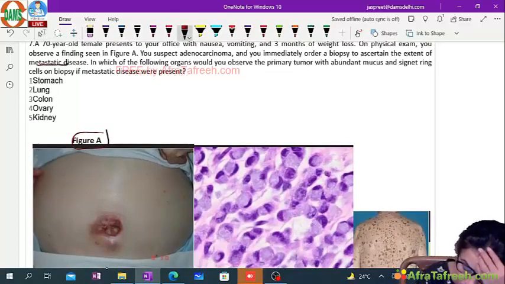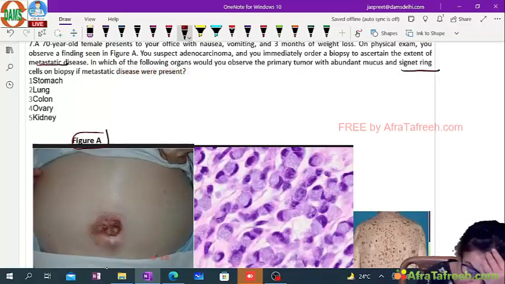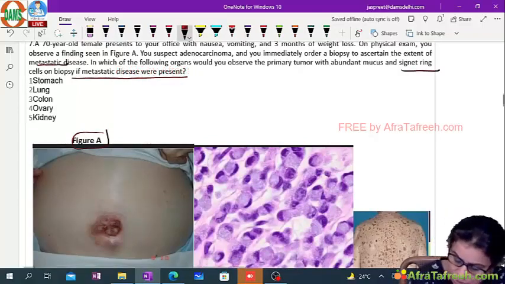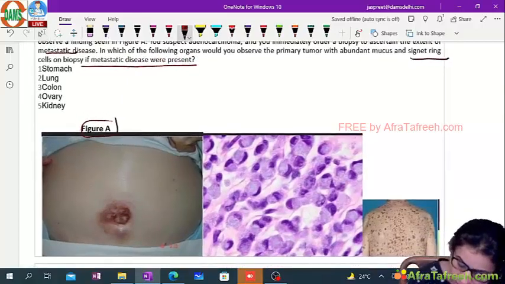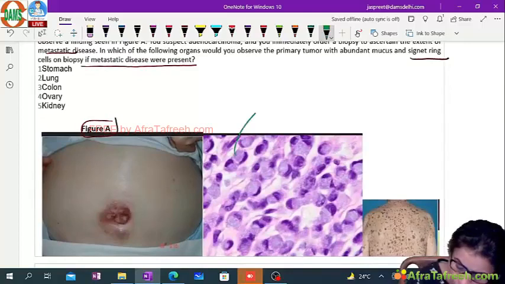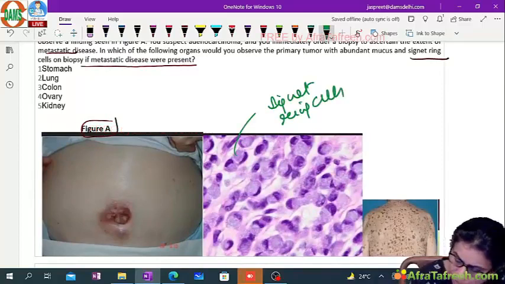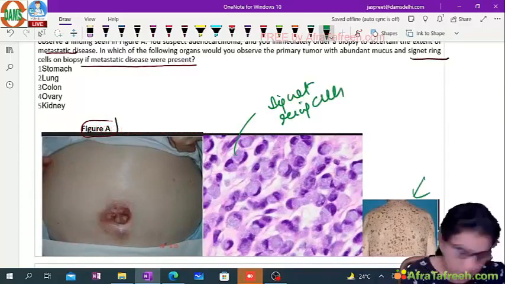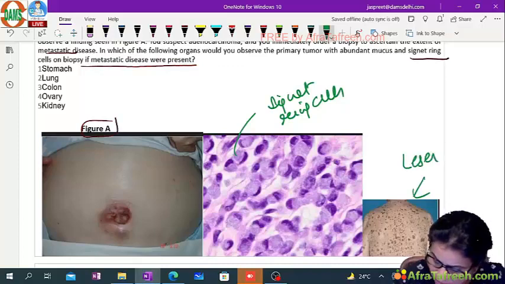In which of the following organs would you observe the primary tumor with abundant mucus and signet cells on biopsy if metastatic disease was present? Now picture B: all the cells in this picture are signet ring cells. And look at this third picture. You can see what this is. This is Leser-Trélat.